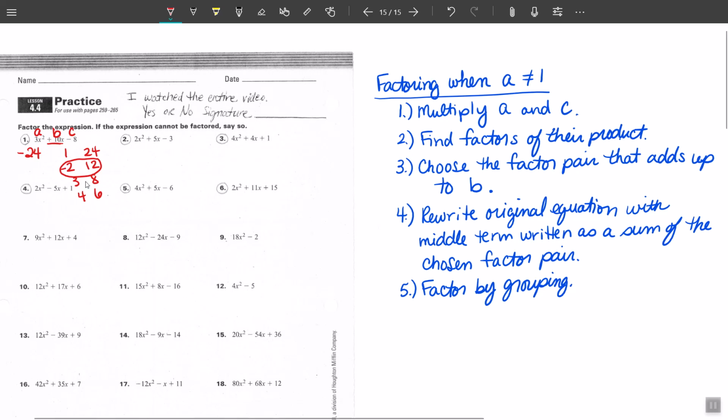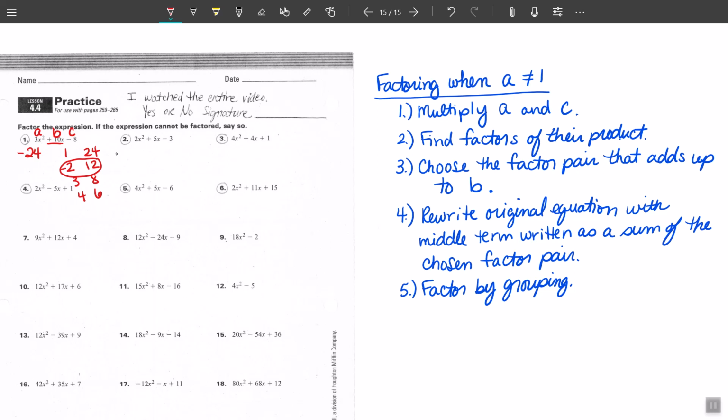Now we move down to step 4, where it says to rewrite that original equation with the middle term written as a sum of the chosen factor pair. So I'm going to rewrite this original equation right here, keeping everything the same except the middle term of 10x. Now I'm going to rewrite that term as a sum of these two numbers right here.